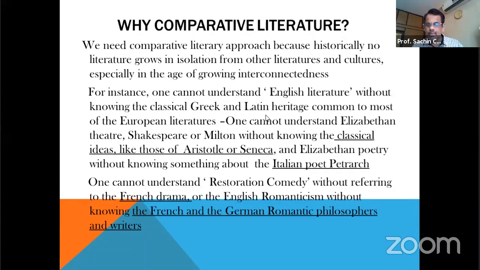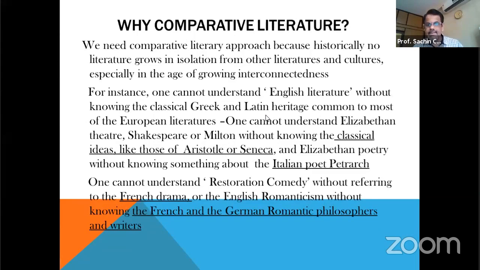They were born and they wrote when there was no such thing as English. So we have to acknowledge the fact that you cannot understand Elizabethan theatre, Shakespeare or Milton without knowing classical ideas like those of Aristotle or Seneca. If we don't understand Seneca, we don't understand Elizabethan theatre.